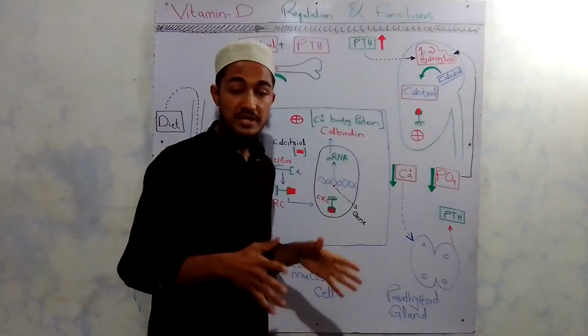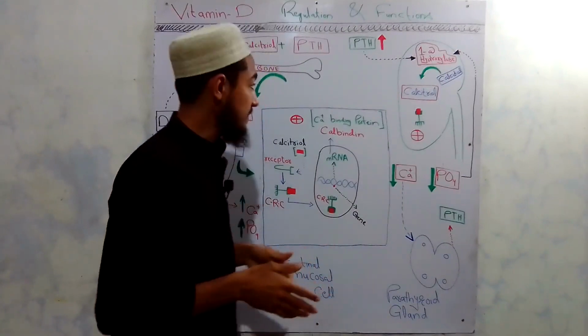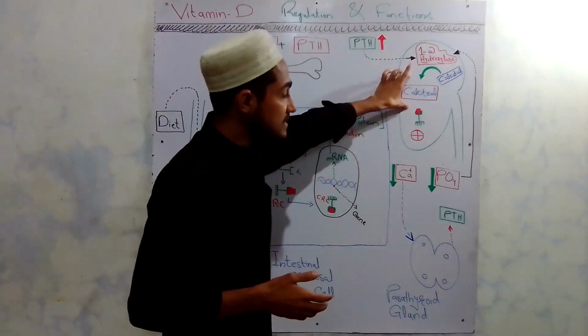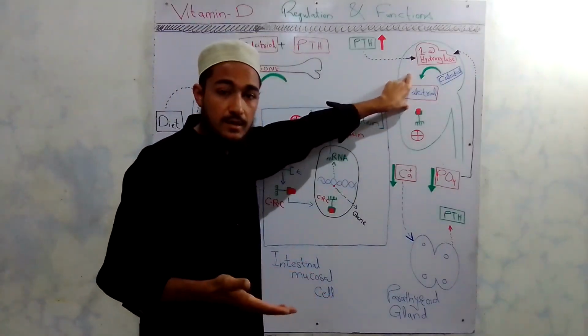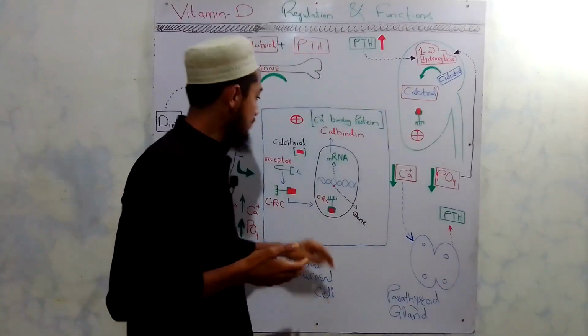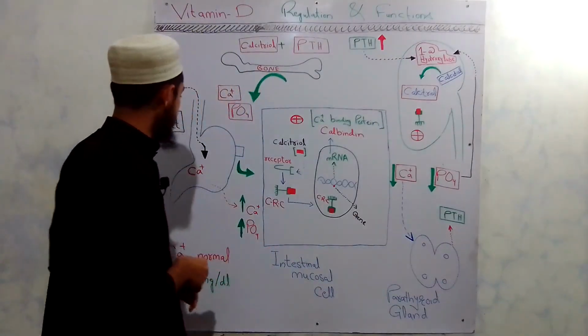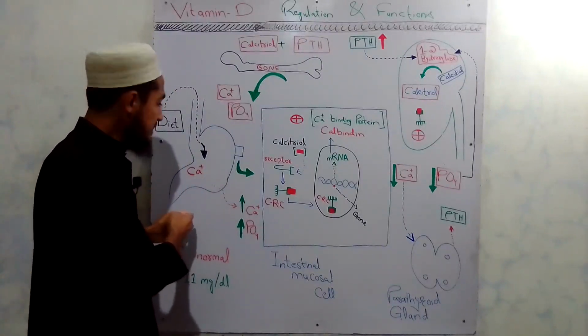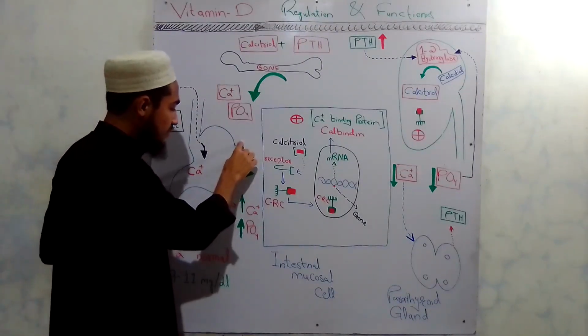But how does it really work at the molecular level, how calcitriol helps in the restoration of calcium and phosphate level in the blood? So now we will discuss that. Here is the GI system of your body. This is the intestinal mucosal cell.